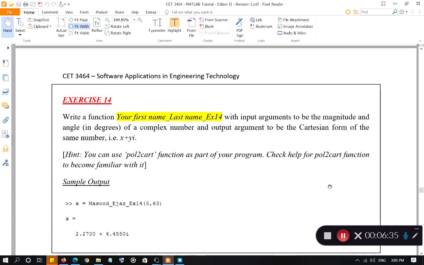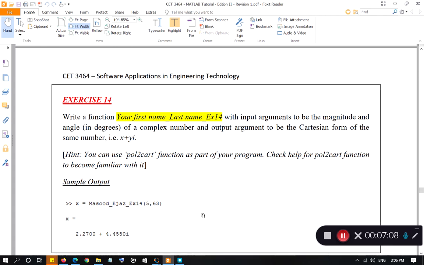If you have angle and magnitude, to get the real part of the complex number, x equals magnitude times cosine of the angle, and the imaginary part y equals magnitude times sine of the angle. Then you can combine both x and y, put x plus i times y, where i is of course the imaginary unit, and assign that as the output variable. So that's how you can do that, very easy.